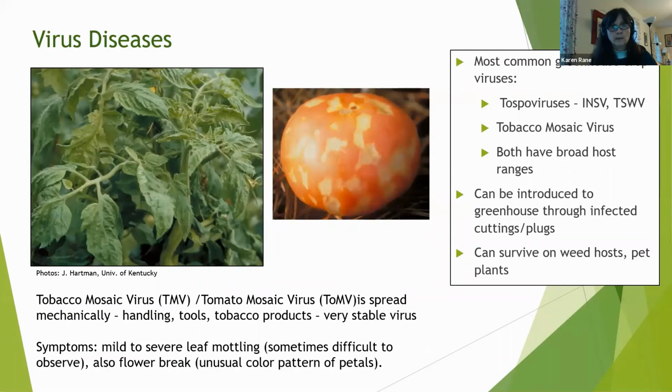People smoking cigarettes and handling tomatoes can transmit the virus. It's that stable, and it can give you mosaic and mottle on the foliage, which may not look so bad, but oftentimes we see problems with the fruit, distortion, uneven ripening, mottling on the fruit, and so it has a real impact on yield.